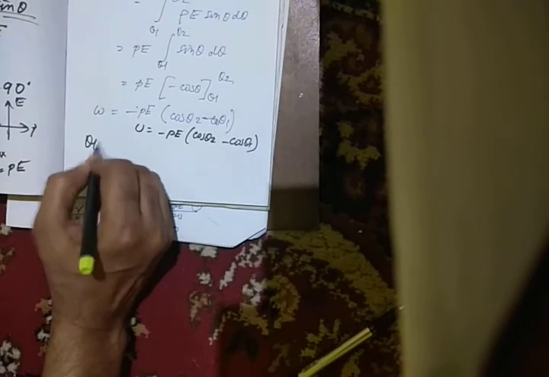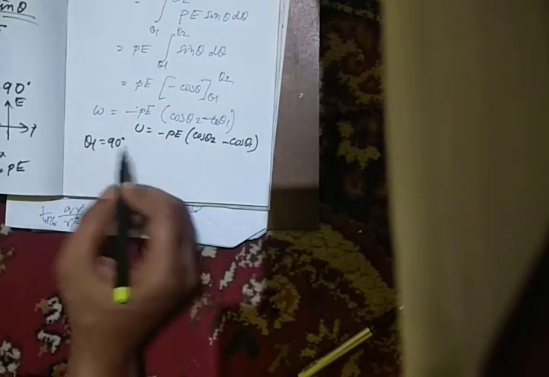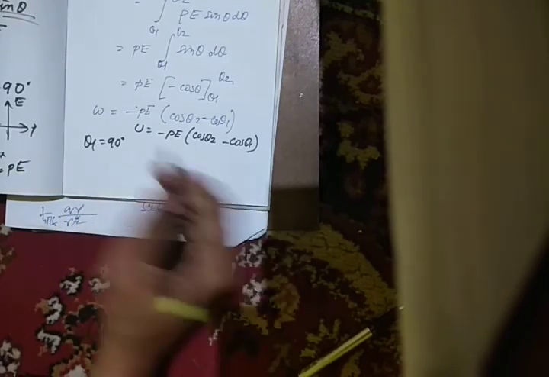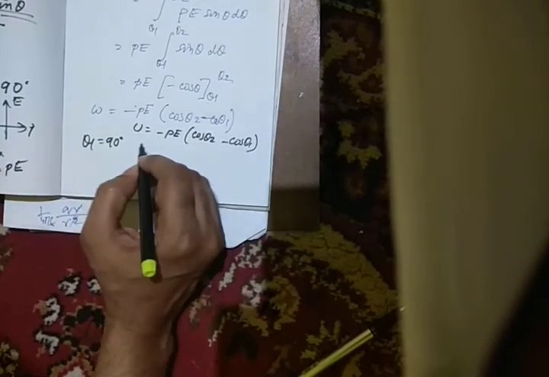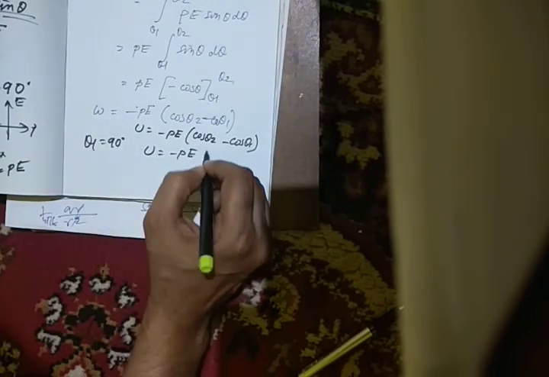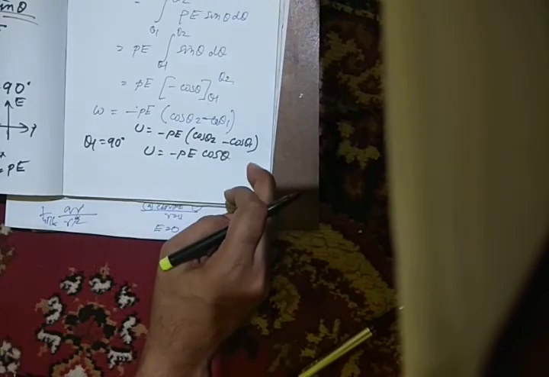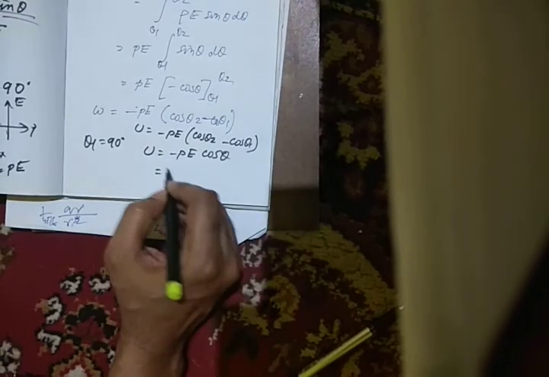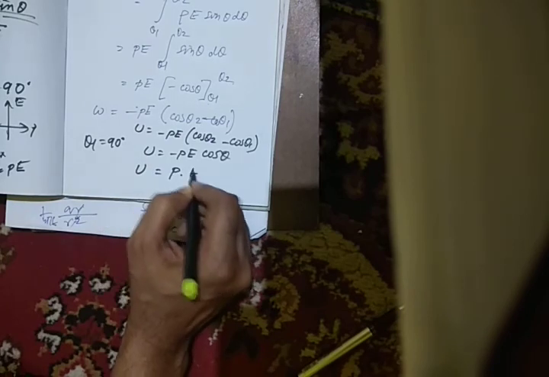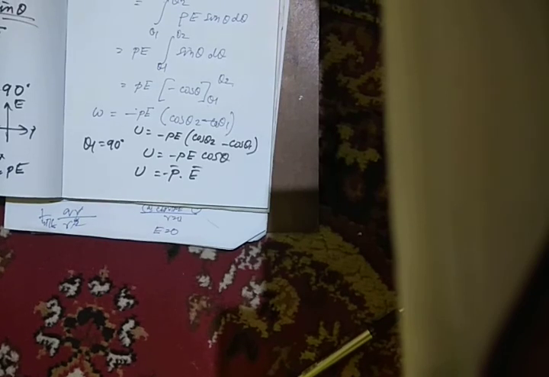So theta 1 is equal to 90 degrees, this is our zero level. So from here to any angle theta, if we want to rotate, U is equal to minus PE cos theta, since cos 90 is equal to 0. So we can write potential energy is nothing but minus P dot E. It is a dot product.